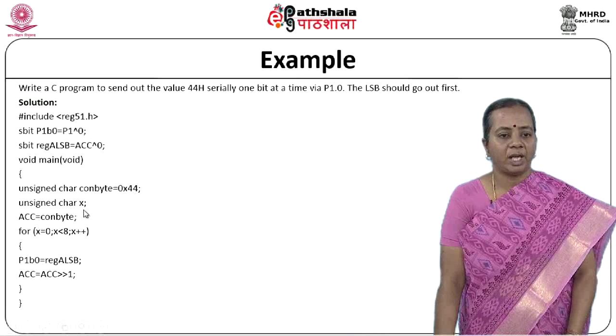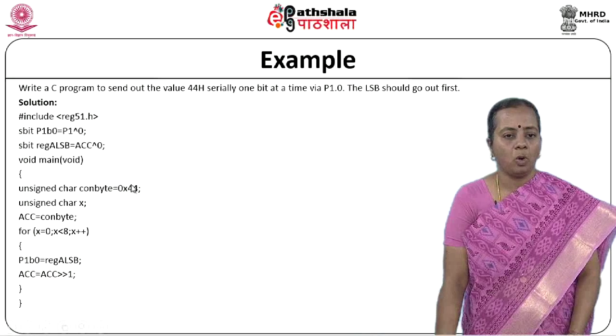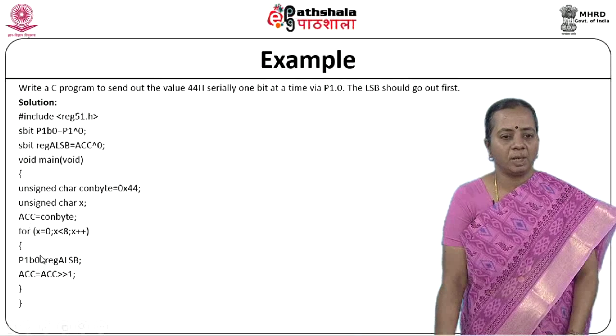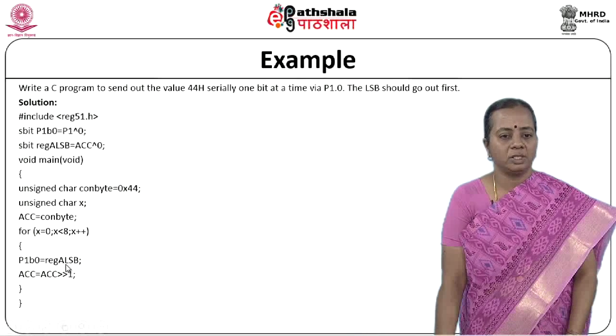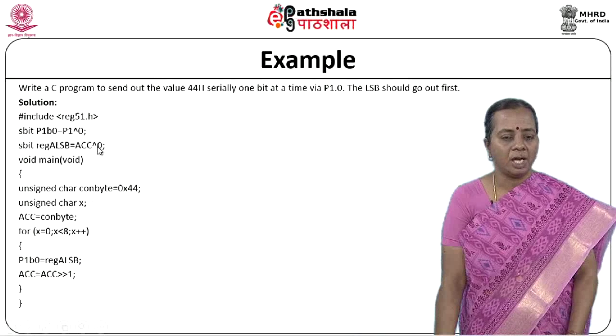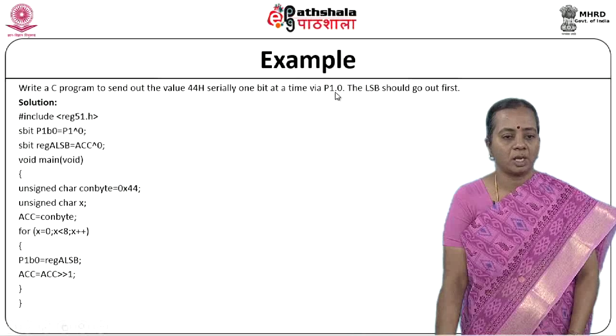I have given character x as one of the variables, and the accumulator is given con byte, so the whole value is moved to the accumulator. Now, the loop is repeated 8 times. First, the register ACC.0 for your 44, the last bit of your accumulator, is moved to P1.0. So, the LSB bit comes first over here.